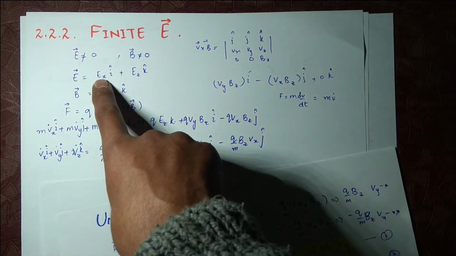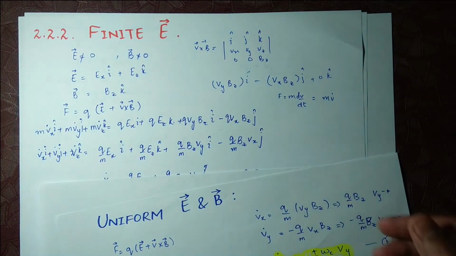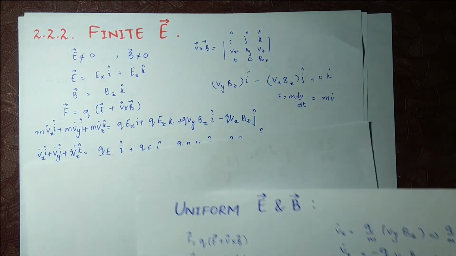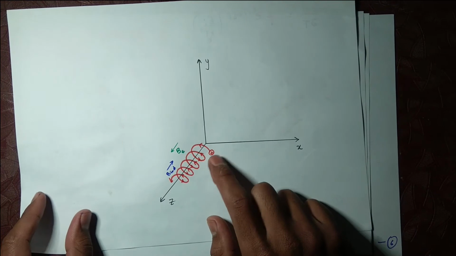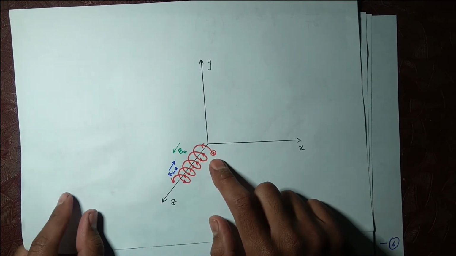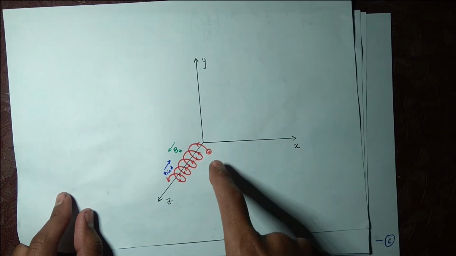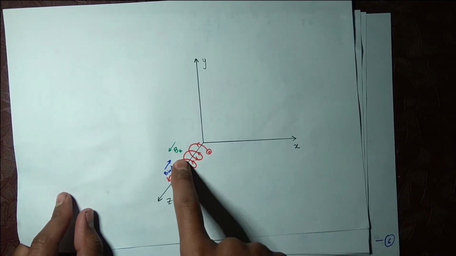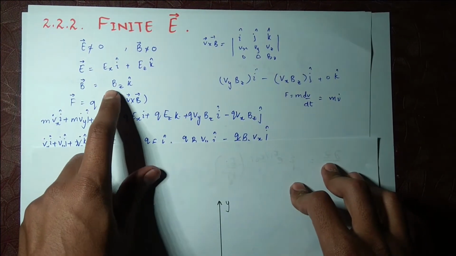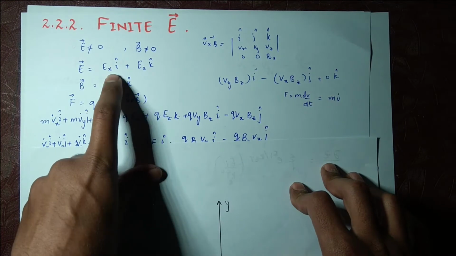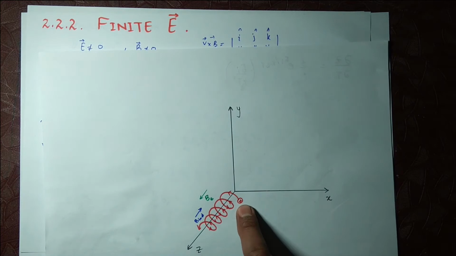We have X and Z components here, the y component is 0, and we will calculate all our equations, and at the end we will see that there will be a little bit of difference in this graph. This is the graph when E was equal to 0, and we will see what the motion of plasma will be when it is placed in a magnetic field along the Z axis and an electric field along the X and Z axes.